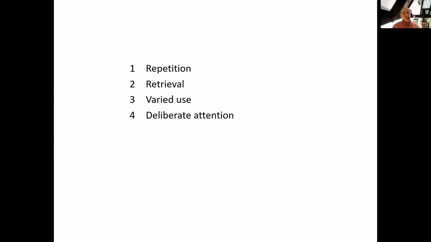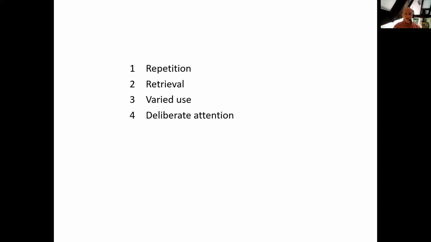And the second kind of repetition is where the repetition is of the same vocabulary item, but it's a little bit different each time, in that the context of the word might be different, or the form of the word might be different. It might be singular rather than plural, and so on. But the first and most important condition for learning is repetition. And we can expand on that a little bit by really saying that the best repetition is spaced repetition. That is, where there is some gap between the repetitions.